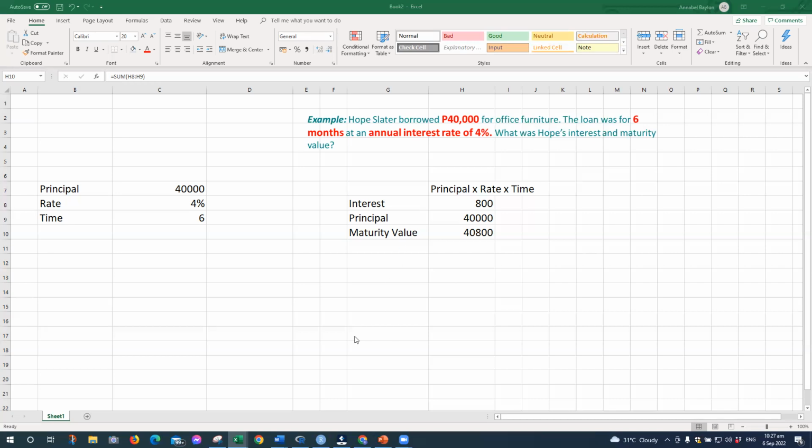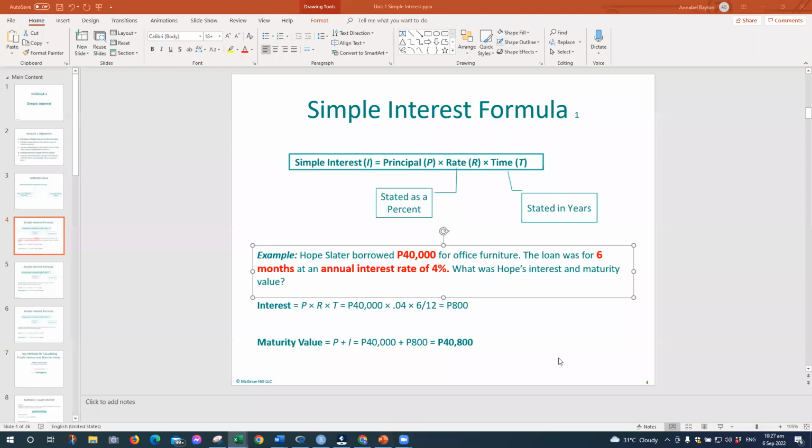Thank you so much. Okay, so let's go back to our PowerPoint. And it agrees with the answer here. So what we did was to compute for the interest, which is principal times rate times time. And then just take note that the rate is given, if there's no mention of annual, it's always assumed as annual. Okay, so if I say the rate is 8%, do not ask, is that monthly rate?